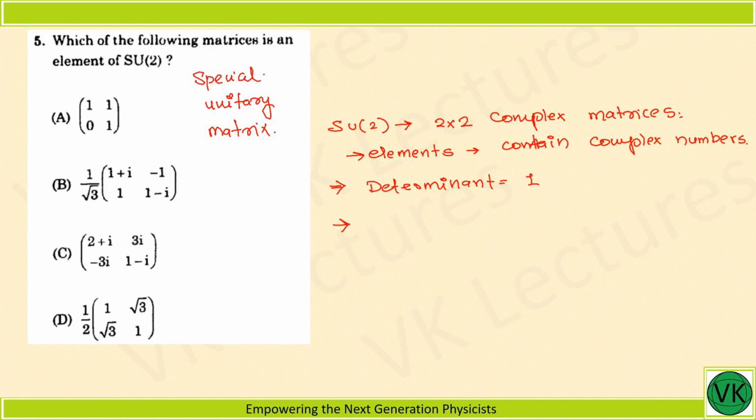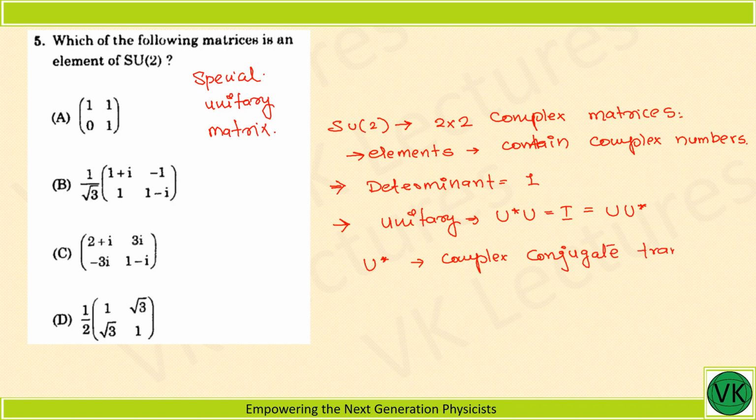a unitary matrix. Now what does the unitary matrix say? A unitary matrix says U star U equals I, where U star is nothing but the conjugate transpose, the complex conjugate transpose.